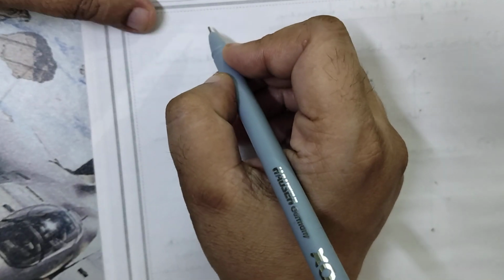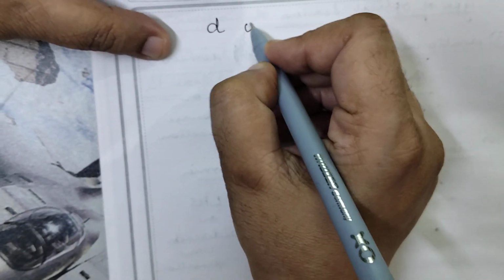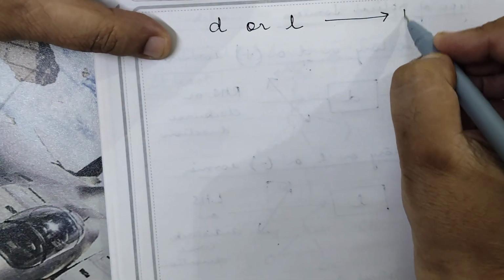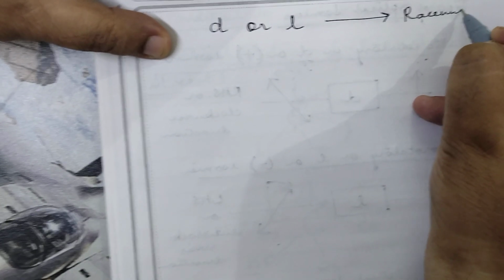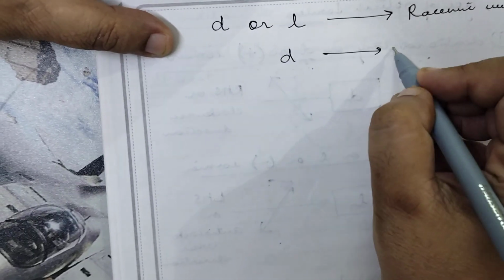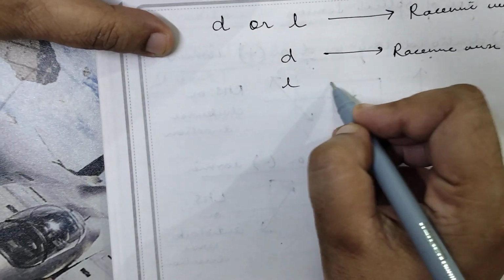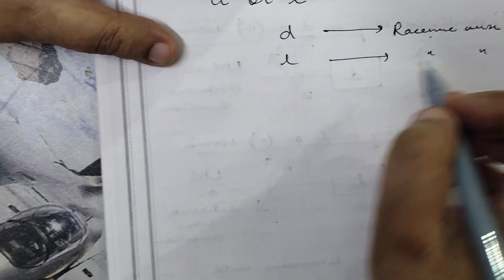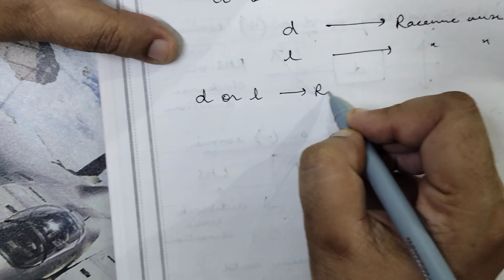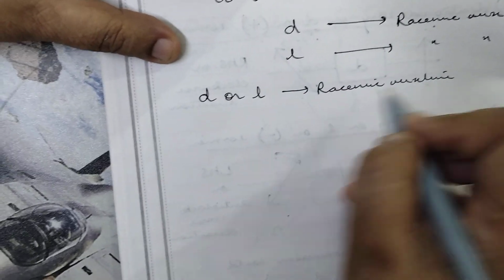Now if you have all D isomers or all L isomers and you are converting it into a racemic mixture, that is, if D is converted into racemic mixture or L is converted into racemic mixture, then this phenomenon is called racemization.